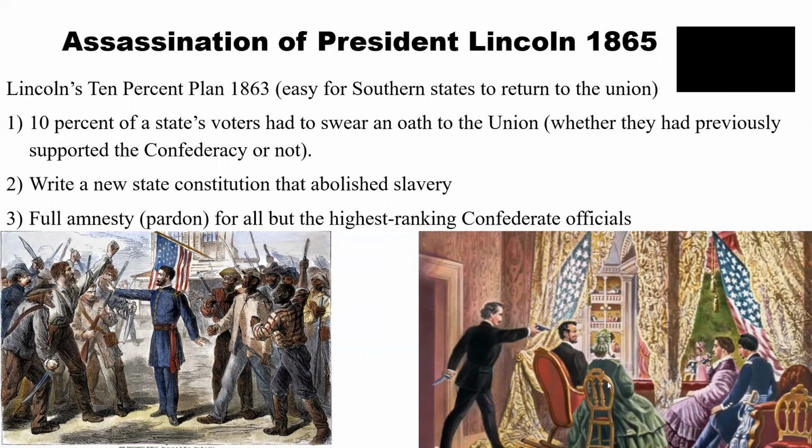And two, just write a new state constitution that abolished slavery, and full pardon for all but the highest ranking Confederate officials. So there's really no punishment for the South other than the fact that they have to obey the Emancipation Proclamation to abolish slavery.